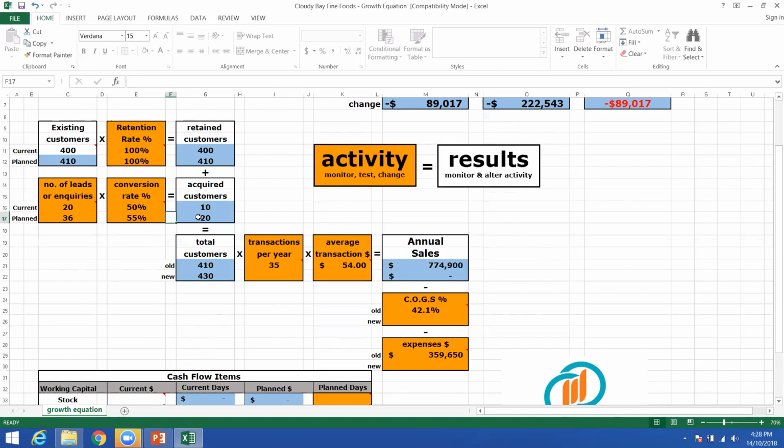So if we look at her situation now, she started with 410 customers. She acquired 20 more new customers during the year. So she's finished the year with 430 customers. At the moment, those customers are buying from her 35 times a year, which is just under 3 times per month.